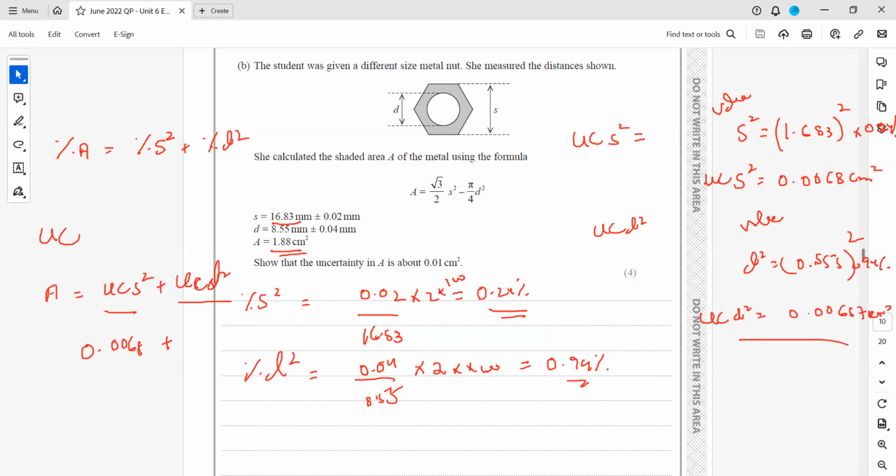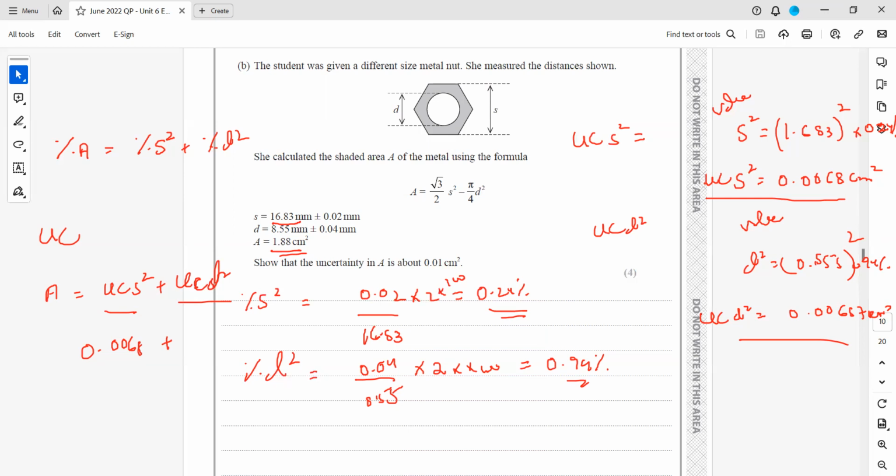So we get the uncertainty in S square, and we get the uncertainty in D square. And now we have the total uncertainty. What we have to do is simply add them. This is one method of getting the uncertainty.